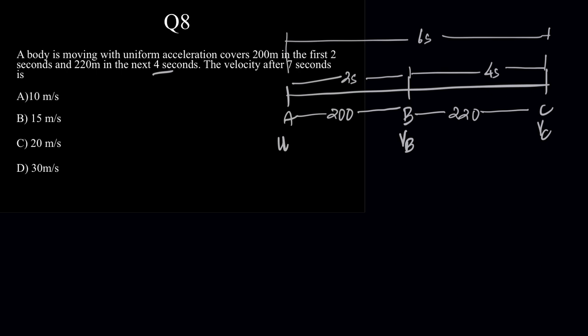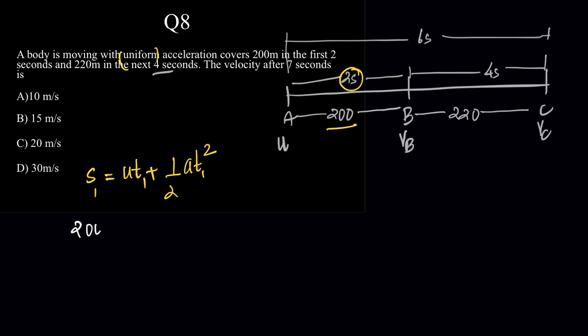Choosing the correct equation to frame: we have been given time, we've been given distance, so let us use that relation. S is equal to ut plus half a t square. Let's call that S1 is equal to ut1 plus half a t1 square. Since the acceleration is uniform, a remains a alone. What is S1?